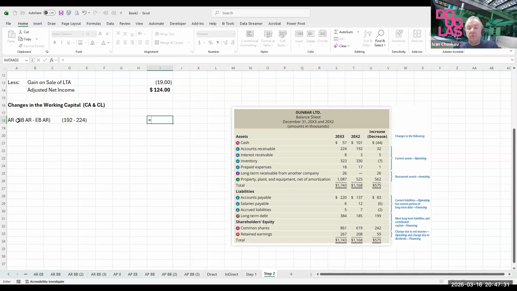That will be equal to 192 minus 224, and we're going to get minus 32. Now let's think about this number for a second. What's happening with the accounts receivable? Are we building accounts receivable or reducing the accounts receivable?